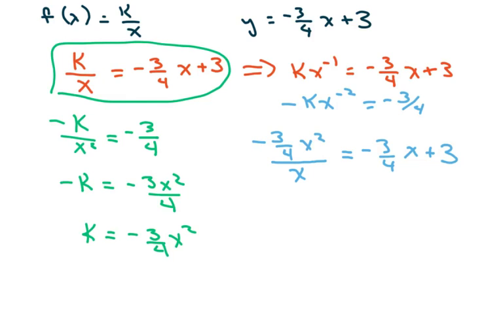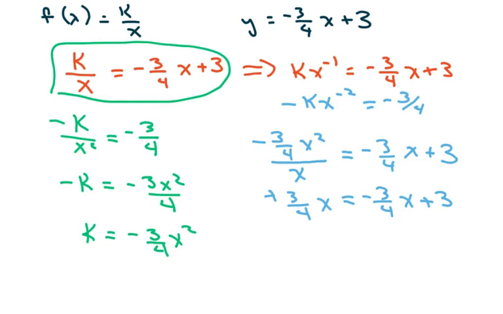So this side is going to end up being 3/4 x equals negative 3/4 x plus 3. Let's see, did I do this?